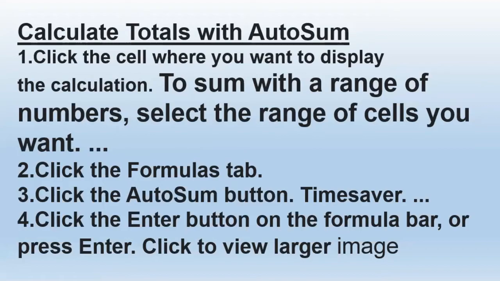Then it will give you the options of sum, average, multiplication, division. So you can click on the sum button, and then you will see that the formula is generated from cell C2 to C10 that you highlighted. Okay, and then it will generate the result that you required.